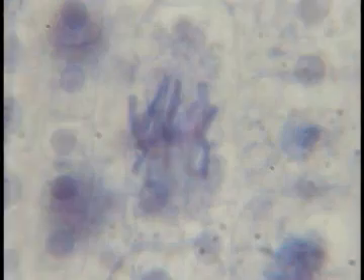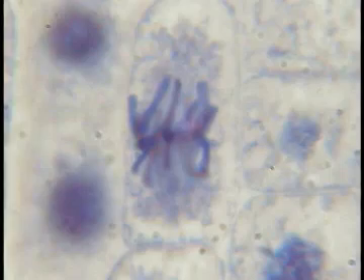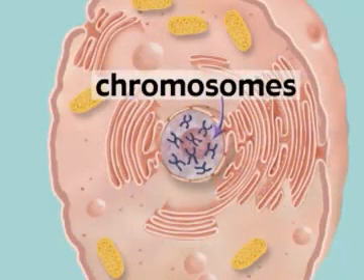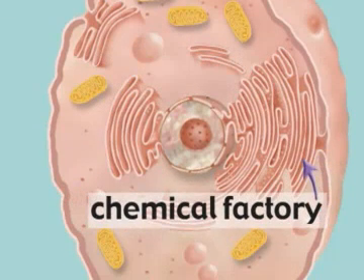Within the nucleus are chromosomes, which are thread-like structures that control an organism's traits and ensure the production of new cells. The mitochondria, or the cell's power plant, breaks down food and releases energy acquired from food. The chemical factory makes building materials for other parts of the cell to use together, helping the cell grow and change.